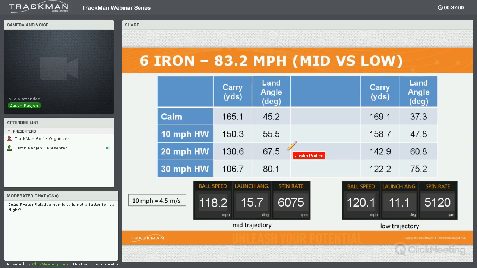If we go into the 20-mile-an-hour headwind, now that landing angle is really starting to get steep, and it's only carried 131 yards, whereas the low ball flight, still quite a steep landing angle but not as steep, has now carried about 12 yards further.